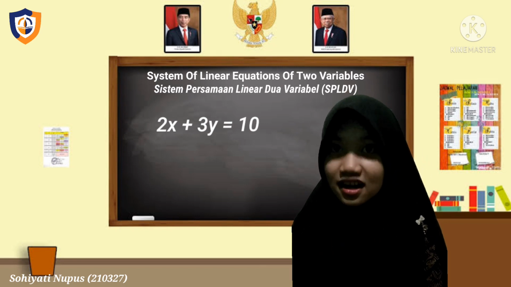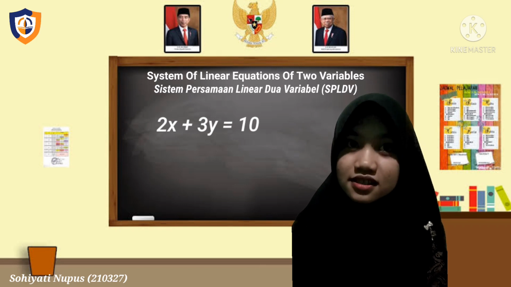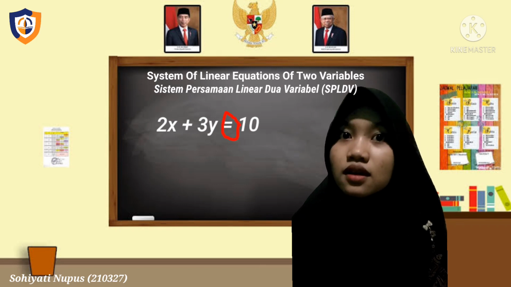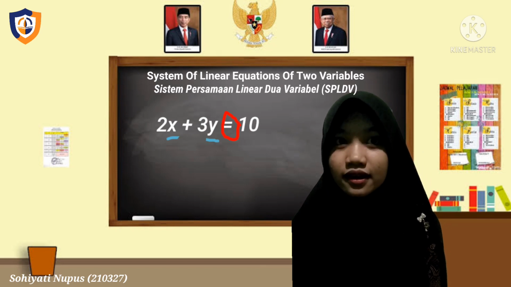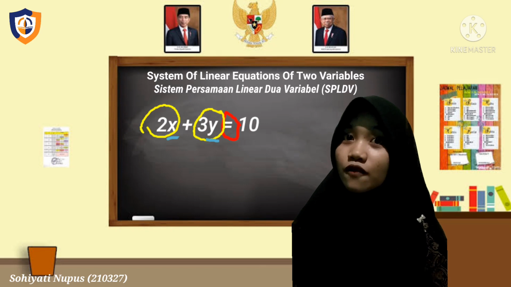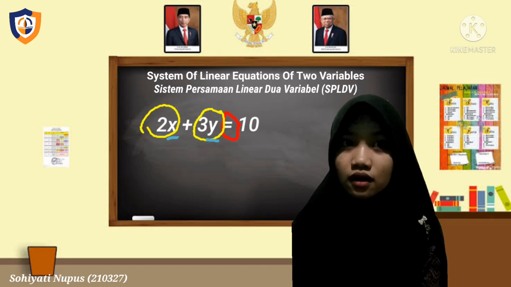Its characteristics are that the equation has an equals sign, has two variables x and y, and has a power of 1. This is a linear equation of two variables.